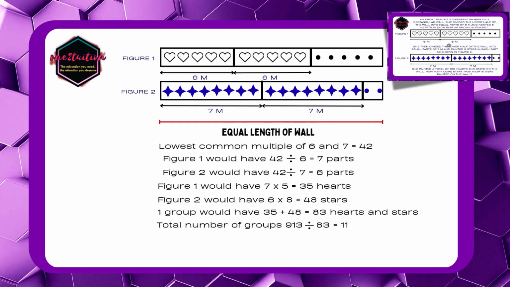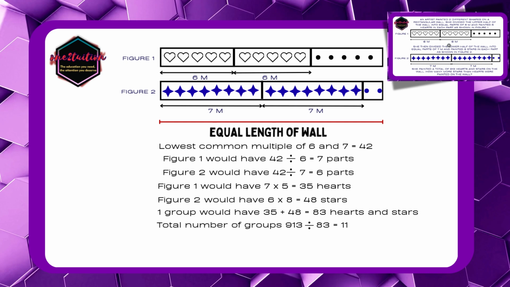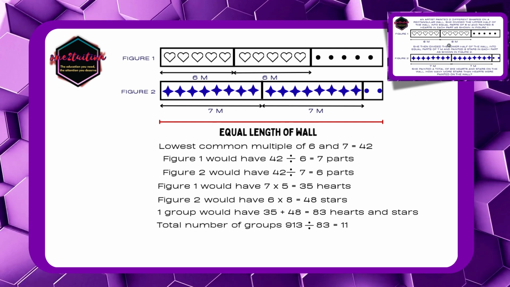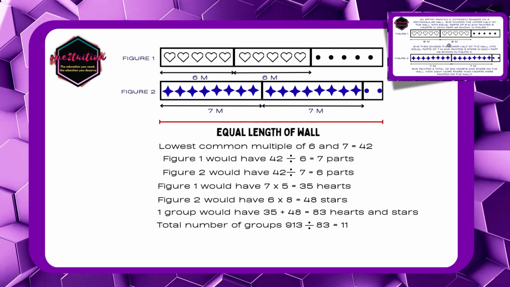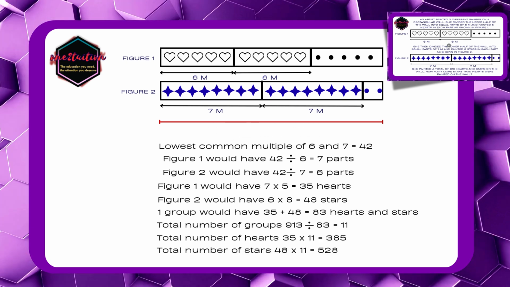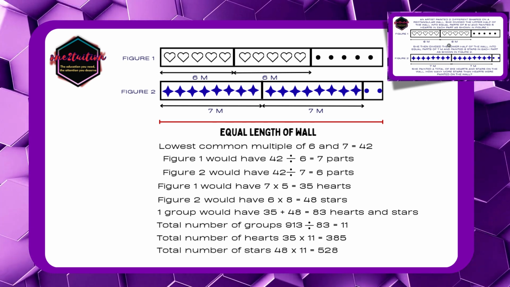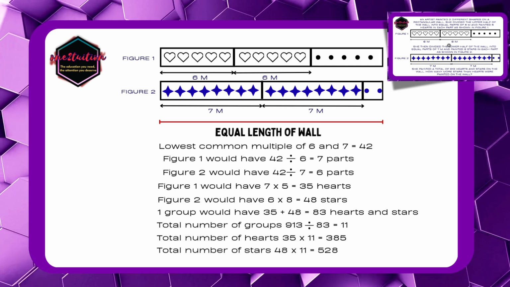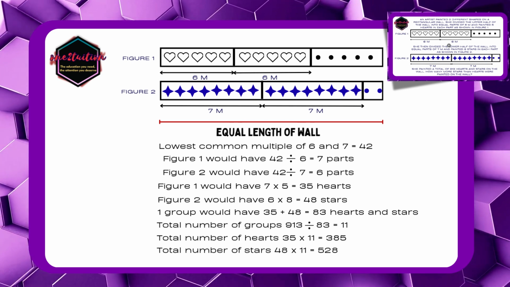The question asks for the difference between the total number of stars and hearts. First, let's find the total number of hearts and stars in 11 groups. Total number of hearts, 35 times 11, equals 385.